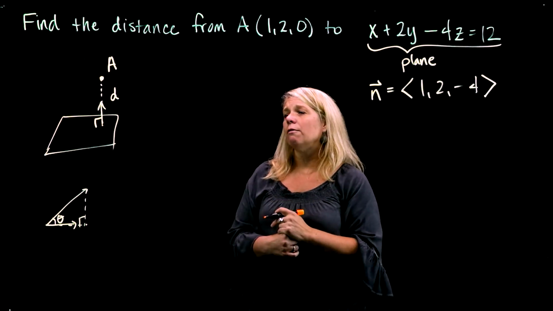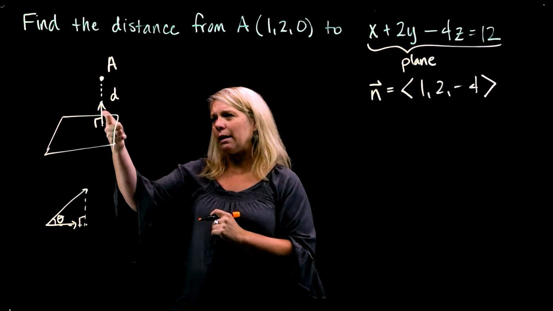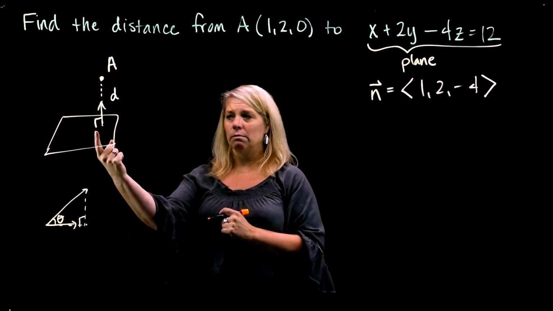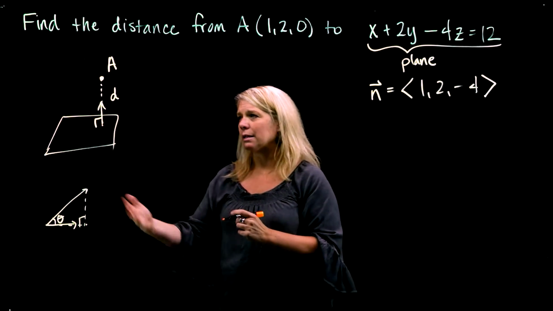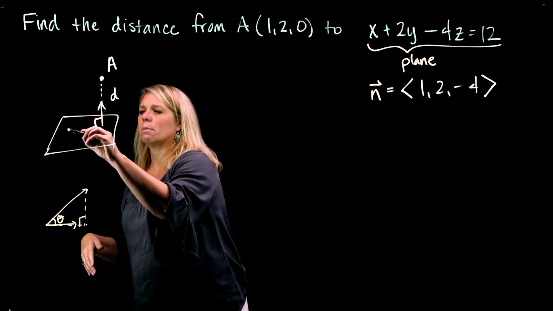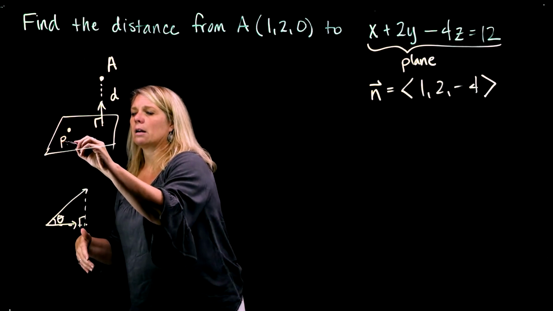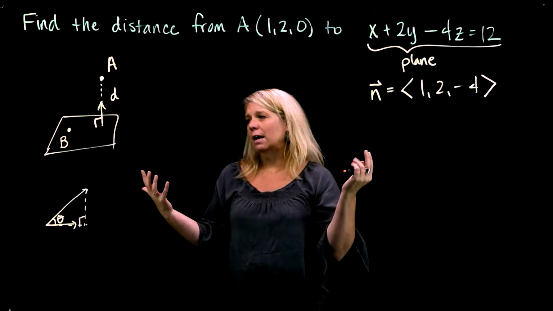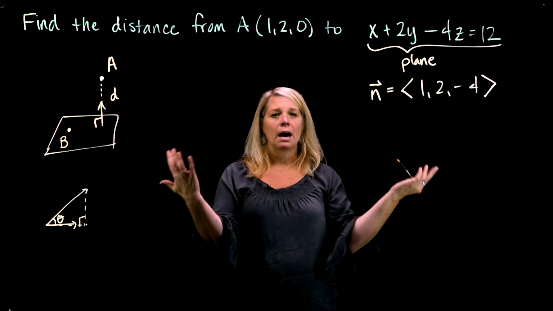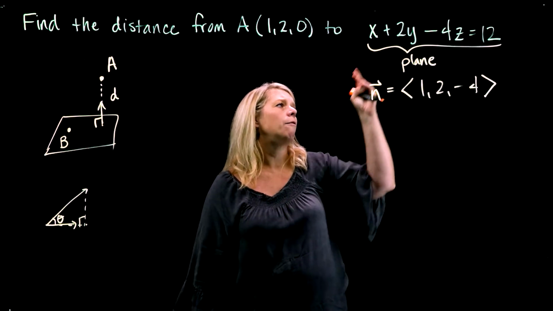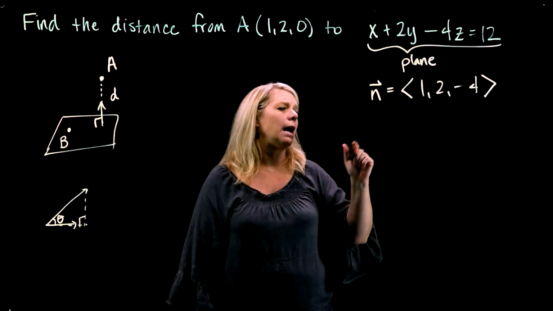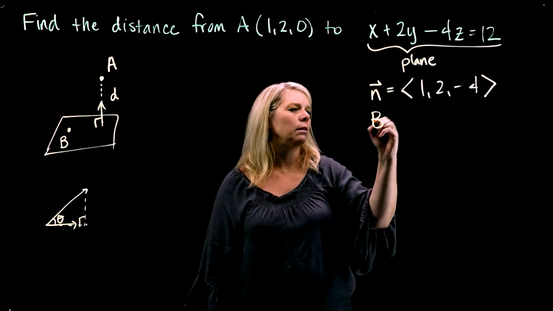The point that you find may or may not be the point that is closest to your other point that's given, so it could be just some other point somewhere else on the plane. I'm going to just label that B. An easy one to find here: if I put in 0 for y and z, then x is going to be 12.